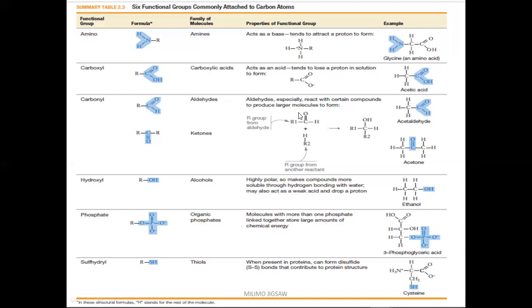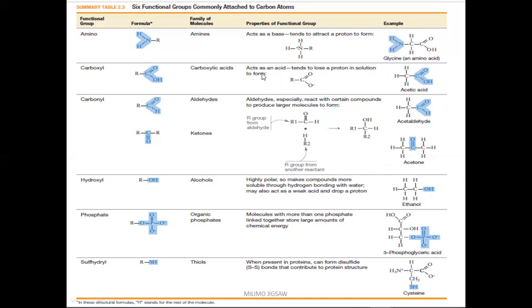Then the other group that is important for biomolecules is the carboxyl group, which is RCOOH. Molecules that contain the carboxyl group are carboxylic acids.